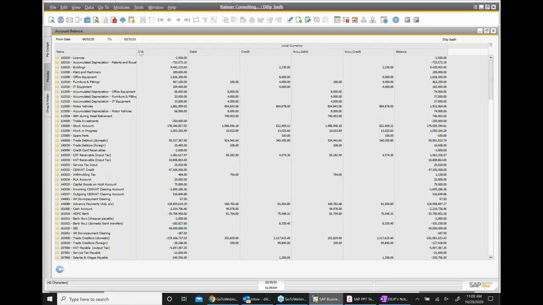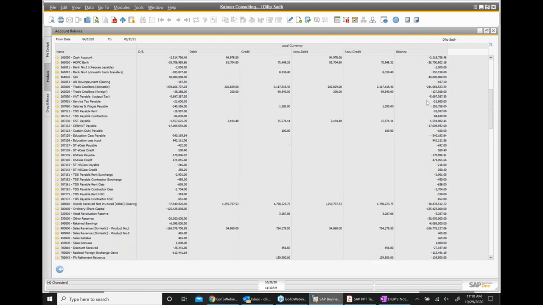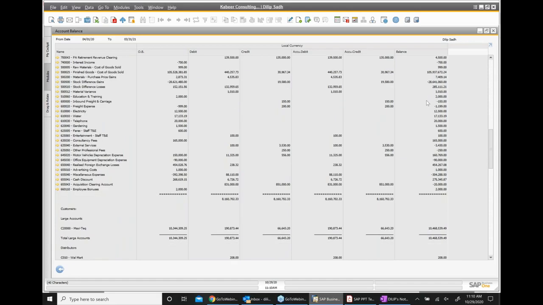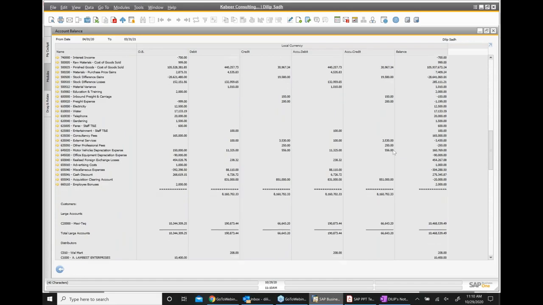This is the opening balance, debit, credit, accumulated debit, and the balance. And we can keep going all the way to the bottom.